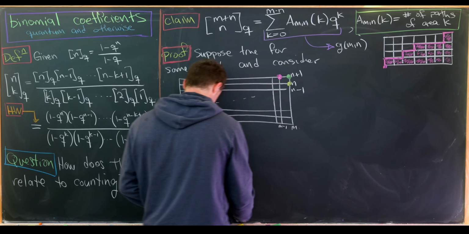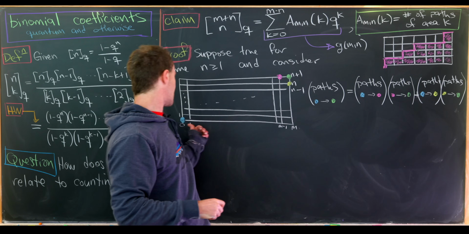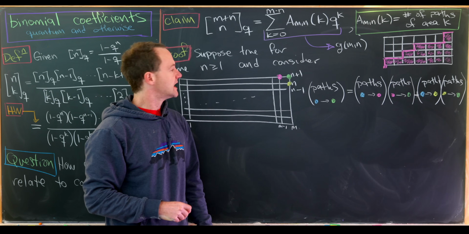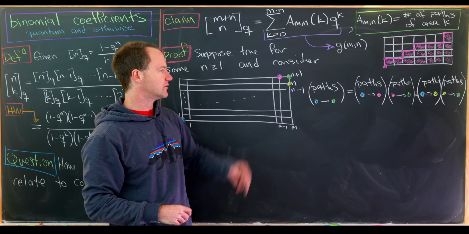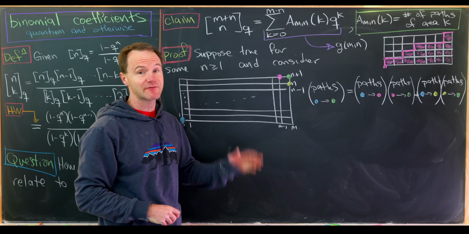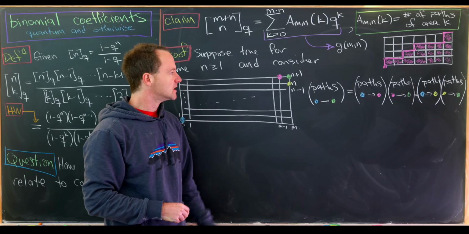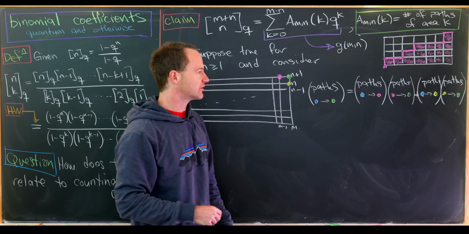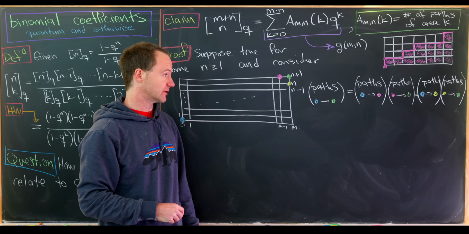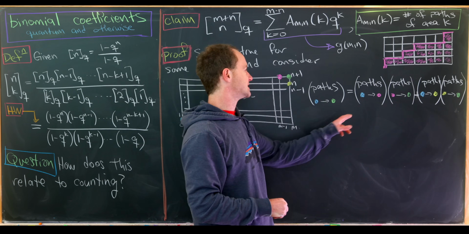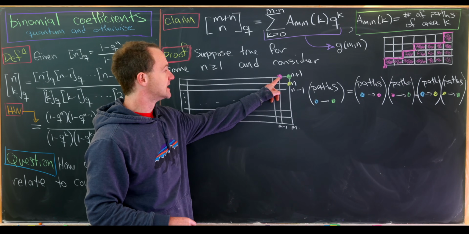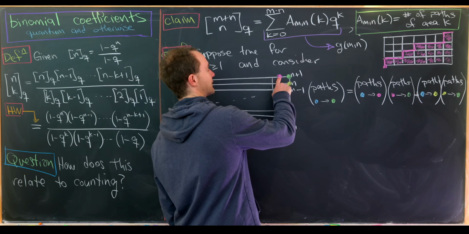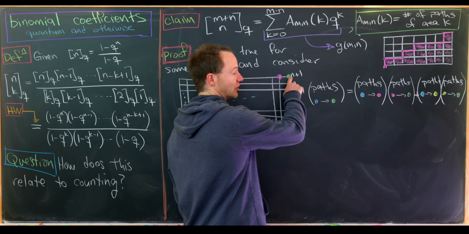Okay, good. So we can break down our paths from blue to green into whether they go through this yellow dot or whether they go through this magenta dot. Notice they have to go through one of them. So the number of paths from blue to green can be split up into the paths from blue to magenta times the number of paths from magenta to green.